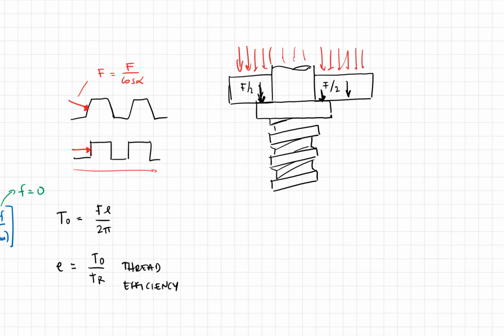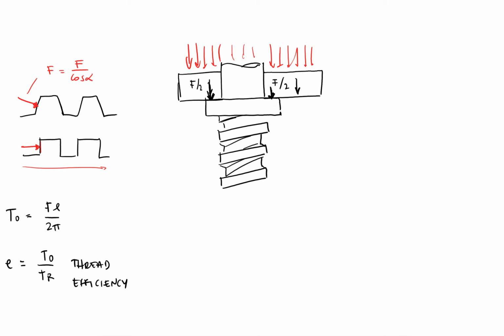In reality it's half of the load going on the left side and half on the right side of the collar. So this is what I would call the collar, right? And then I would have my nut. Again, maybe the nut has 3 threads or something like this. This keeps going down, and I would have the F over 2 going up and F over 2 going up.